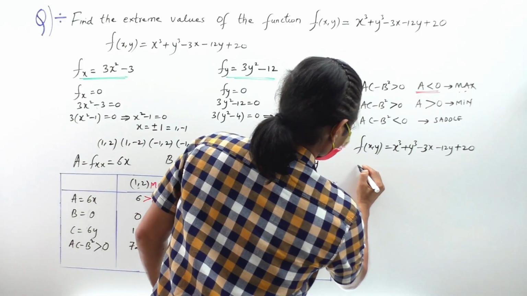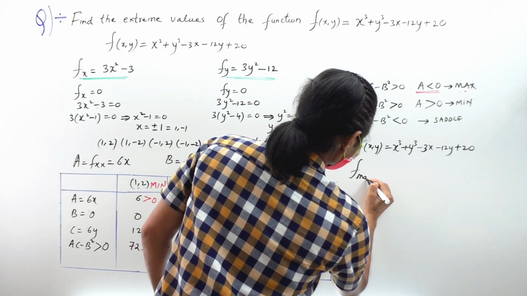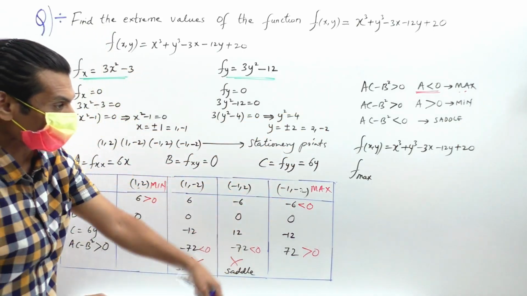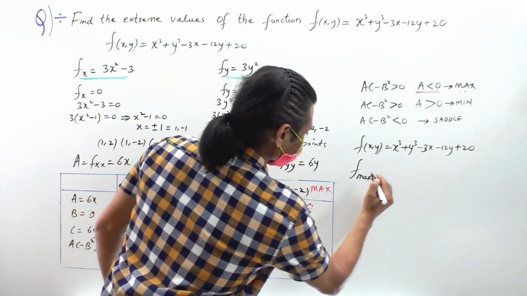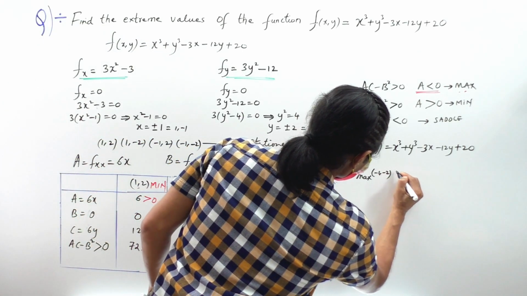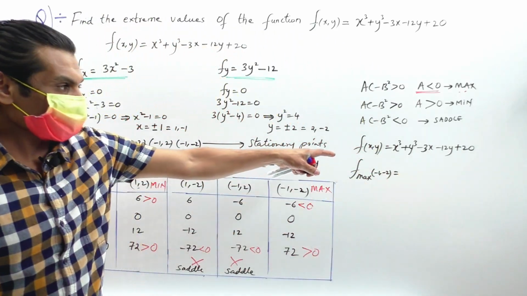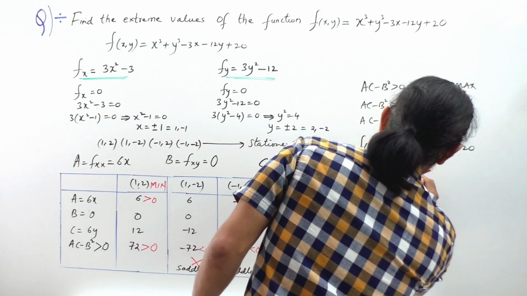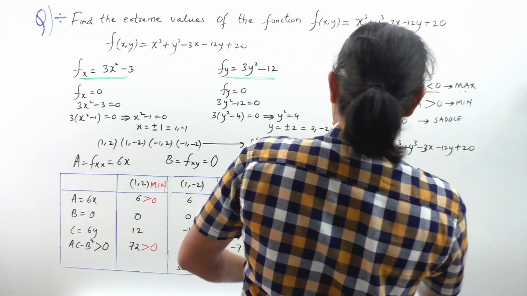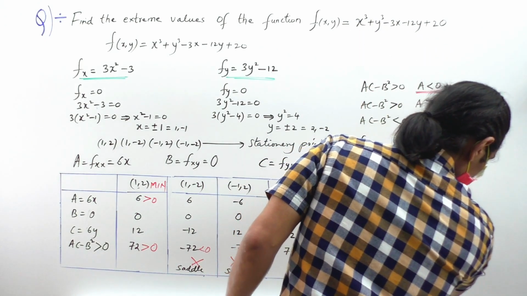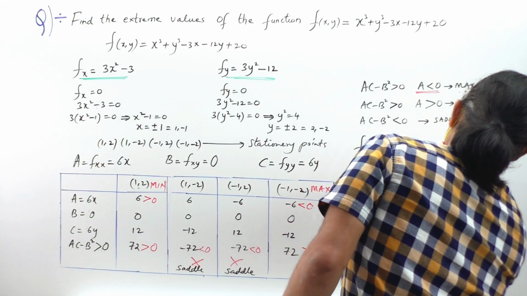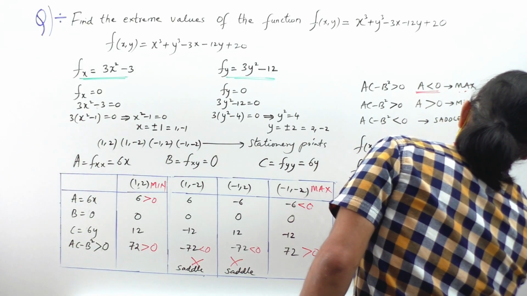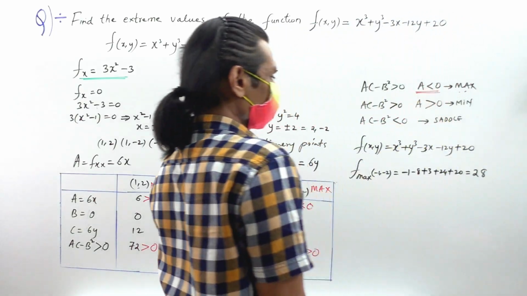So, we have f maximum at the point minus 1 comma minus 2. Now, in place of x put minus 1 and in place of y put minus 2. So, this will become minus 1 minus 8 plus 3 plus 24 plus 20. So, we get 28. Okay.